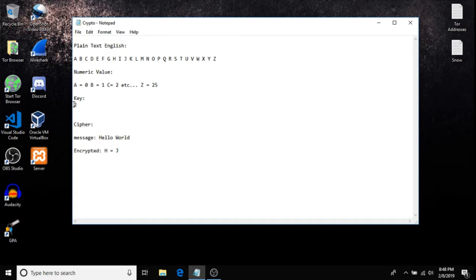Now if we wanted to shift backwards, we would do a -2, but I honestly have never seen that in a real world application. But if that's the way that you would like to do it, then you would go back 2 from H, which would equal F. So our first letter then is J. Then we need to figure out E. E would become G, and then L would become N, which therefore becomes two N's because there are two L's within hello.